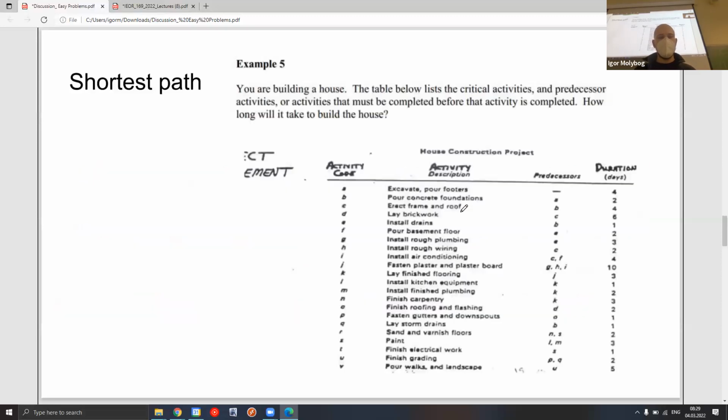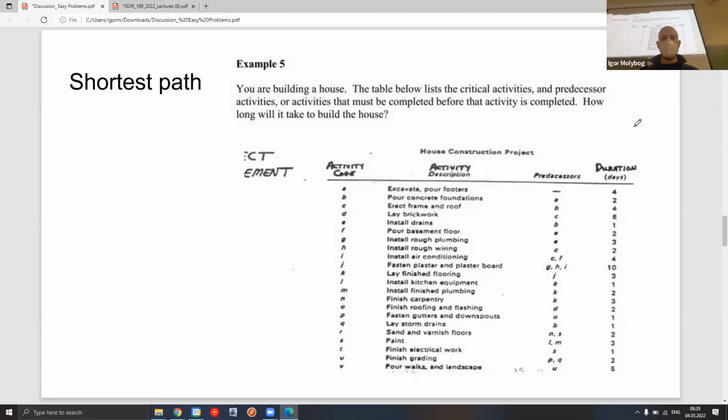However, here's a problem about building a house. Actually, any kind of construction job can be formulated like this, and a lot of interesting scheduling problems as well. The table below lists the critical activities and predecessor activities, which are the activities that must be completed before this activity takes place.